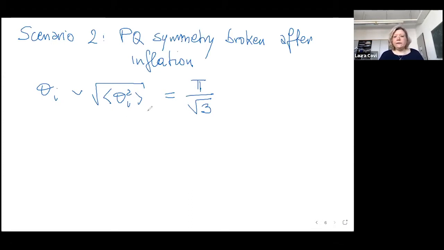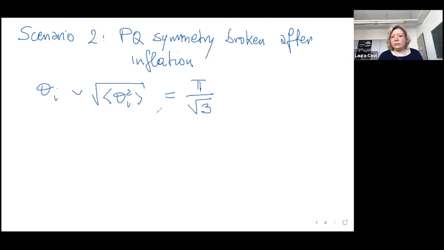Of course, in this case, you don't have any isocurvature perturbation, because there is no axion really during inflation, because the Peccei-Quinn symmetry was not broken. So you would have to consider the total field, the S that we introduced, for example, yesterday, which is not massless generically.